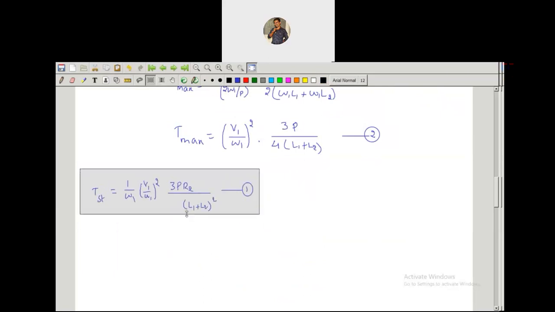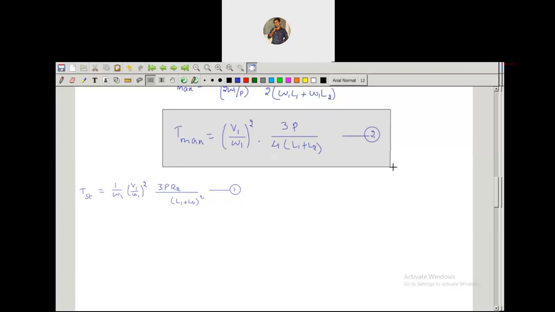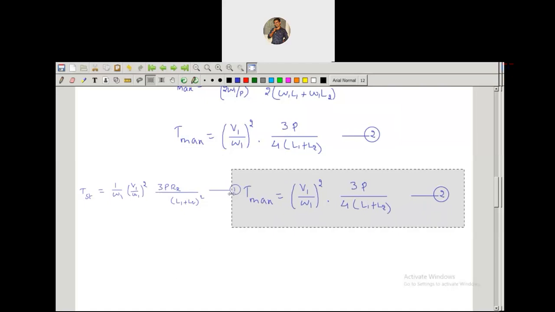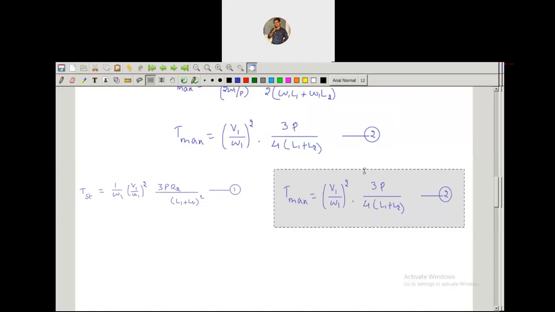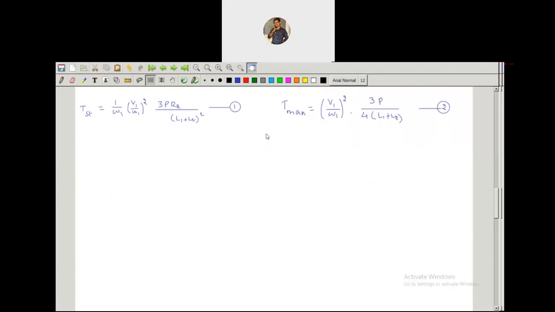Let's compare these two equations, and using them we're going to draw the speed torque characteristics of a 3-phase induction motor. Let me draw that.